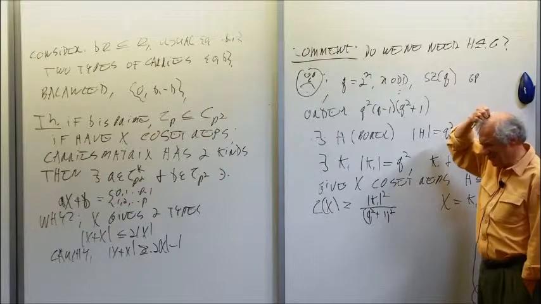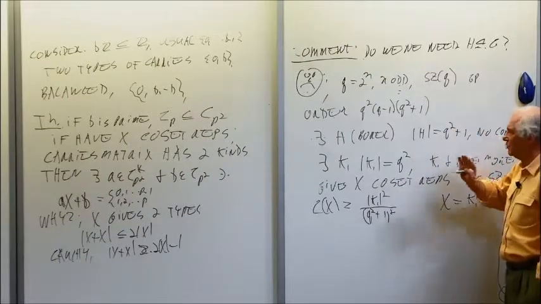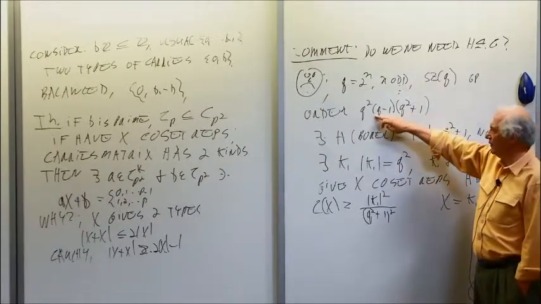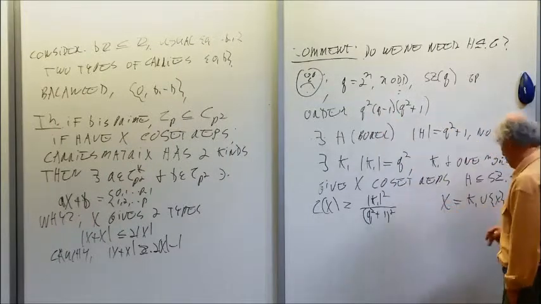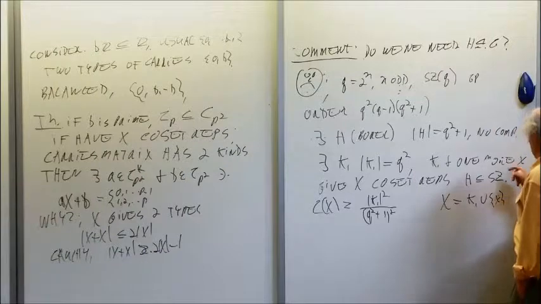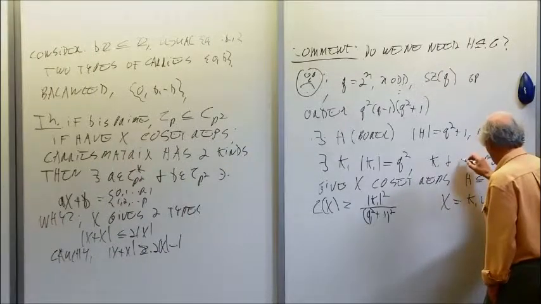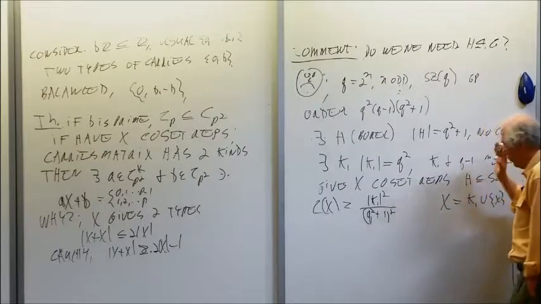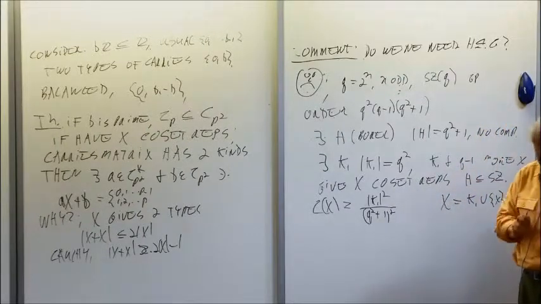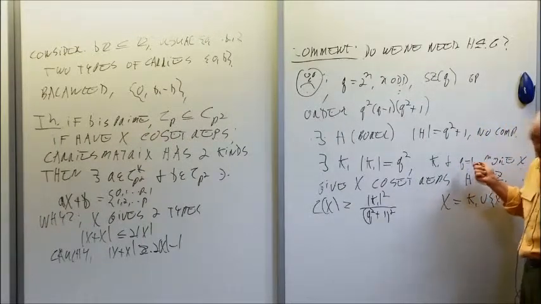I thought I only needed to choose one, but K needs to have size about Q cubed. Right, it's true. Okay, so you're right. Q minus 1. Okay. It won't cause trouble. I hope we can calculate now.